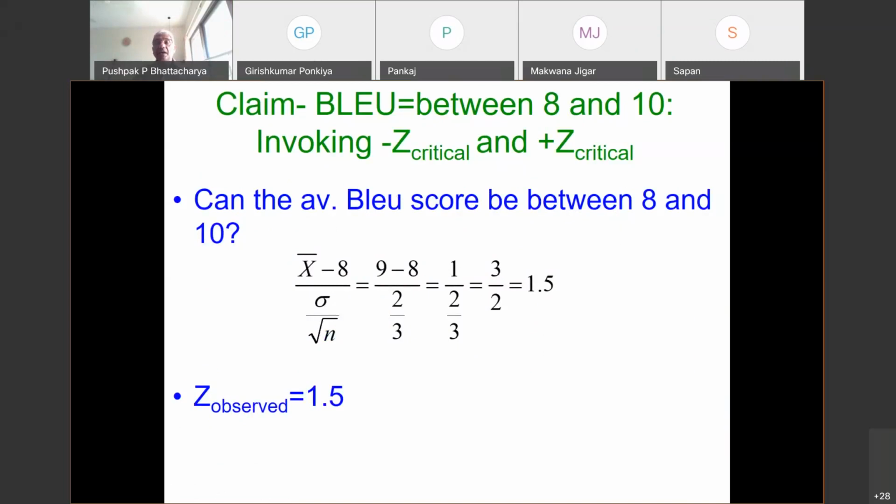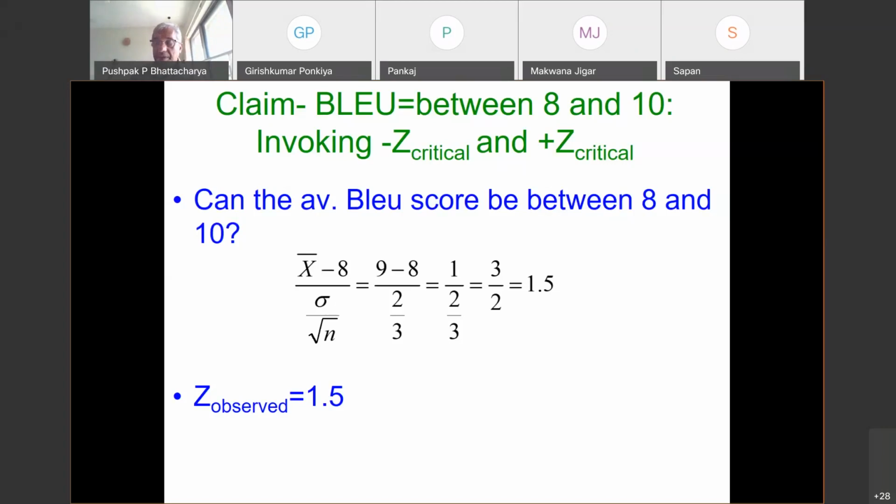So I'll form this null hypothesis: the blue score is between 8 and 10. So H0 is that the blue score is between 8 and 10. Now I will be looking out for rejecting this hypothesis. What is the reason?